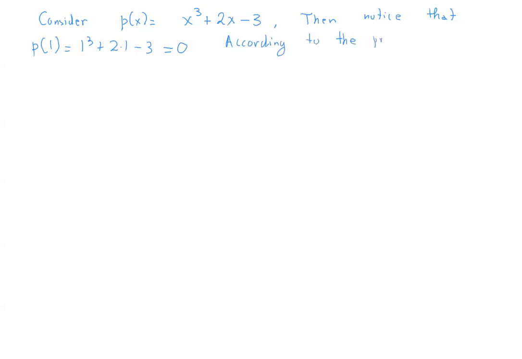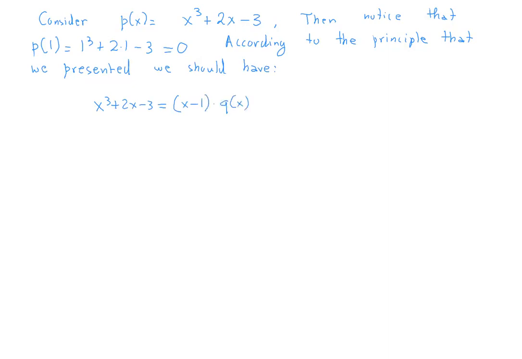According to the principle that we presented, we should be able to write x cubed plus 2x minus 3 is equal to x minus the root, meaning x minus 1, times some polynomial q of x. So this is a polynomial of degree 2.